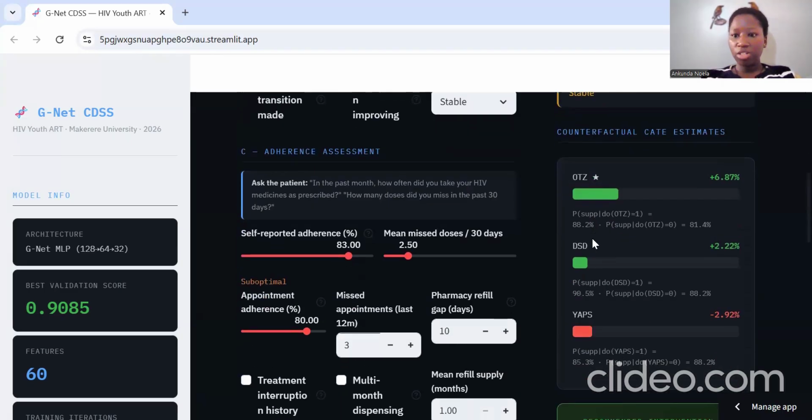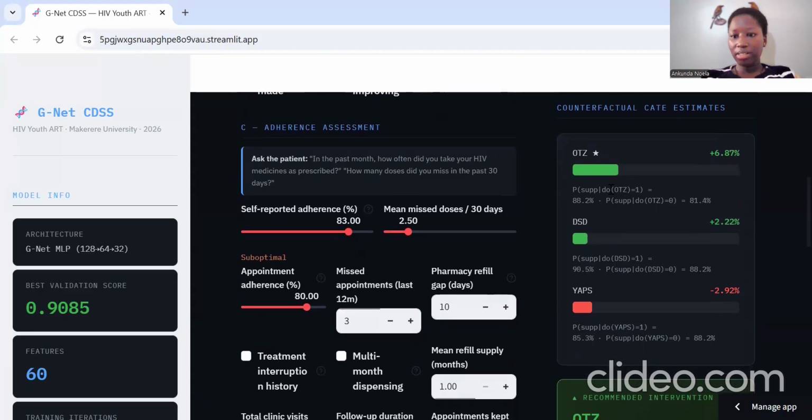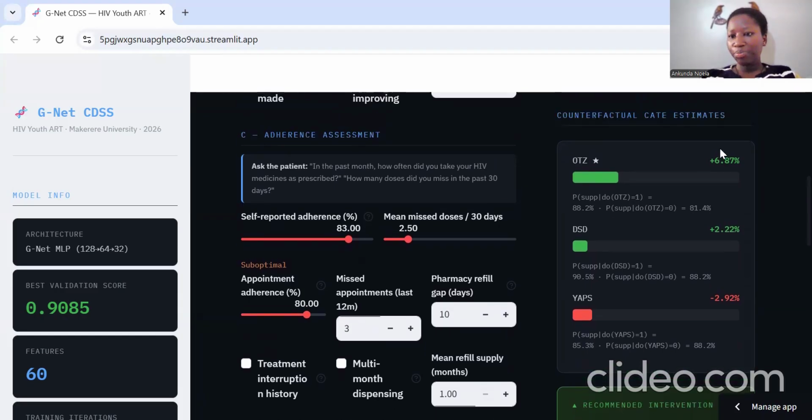So the counterfactual CATE estimates for OTZ say that if OTZ was used, then the adherence would be 82.2%. If not, 81.4%. For DSD and the overall ATE is plus 6.87%.